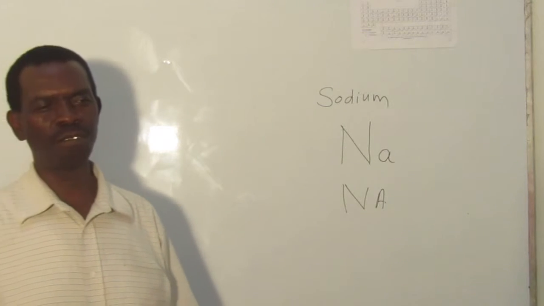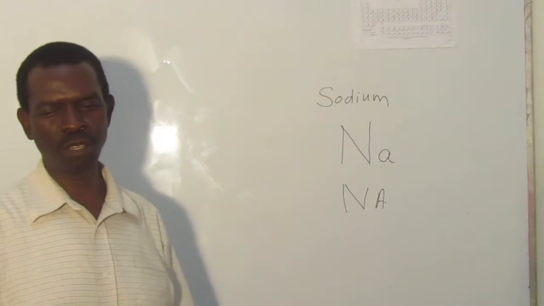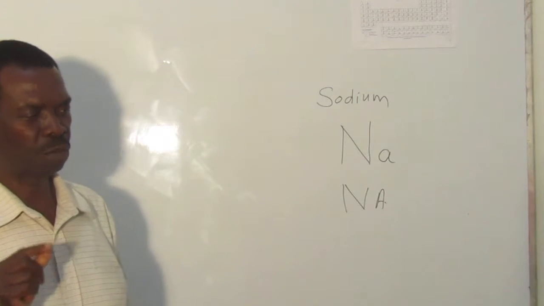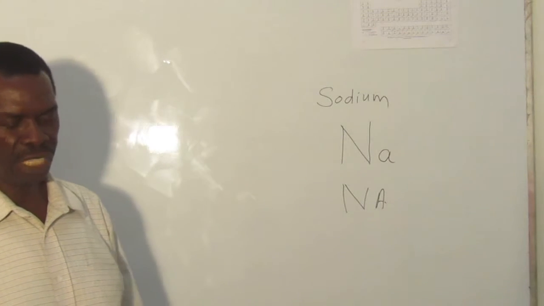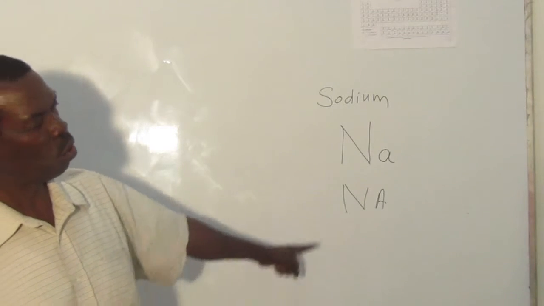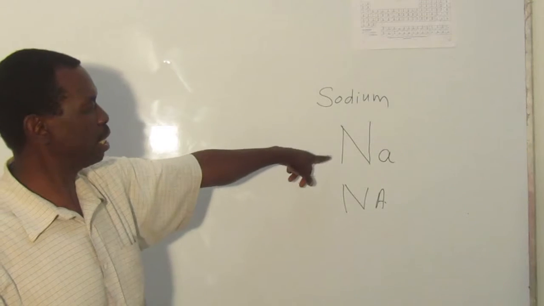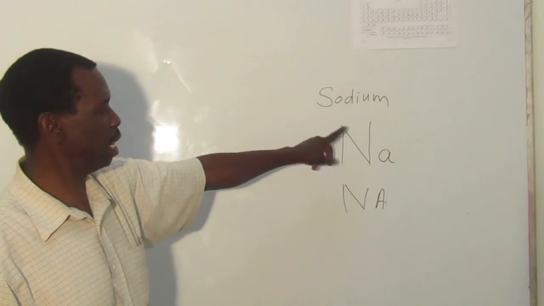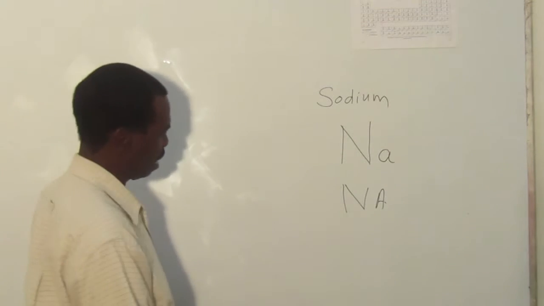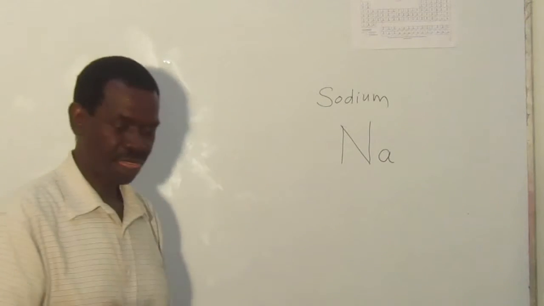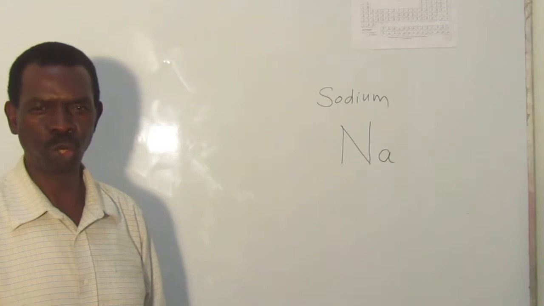That's not the way we write it. So it's a capital letter N and a small letter a. You do not need to memorize these. When you check the periodic table, you'll be able to look at the symbol Na. So when we write Na, this is the symbol of sodium.